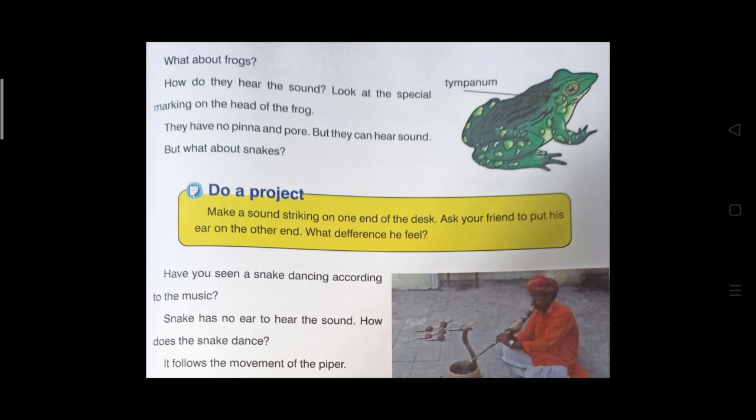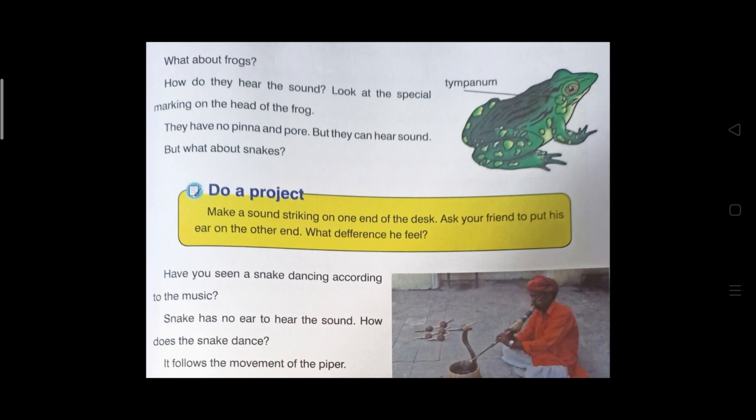The vibration will travel through the land, so it will reach the snake. The snake's complete body is on the land, no? So it can understand the vibration of other animals' movement. So it will feel the sound.